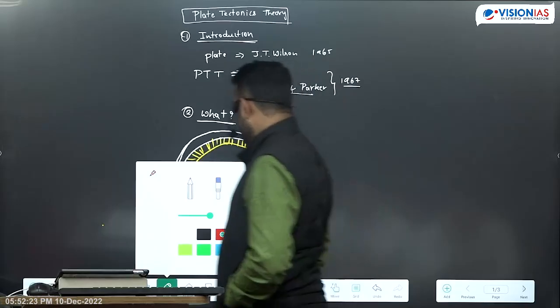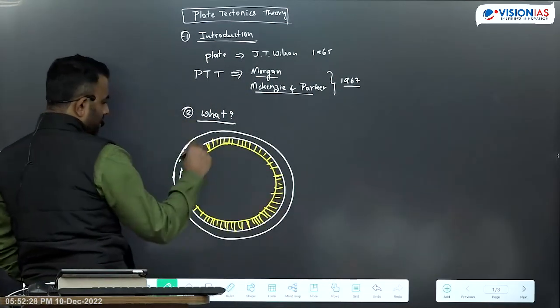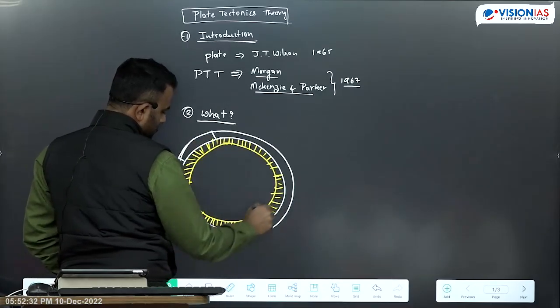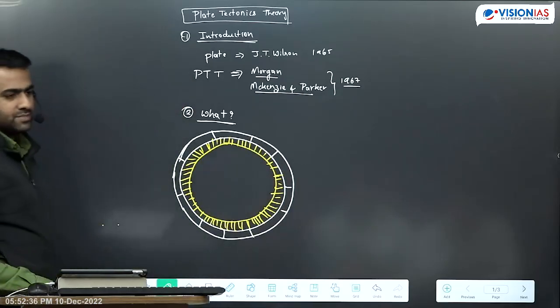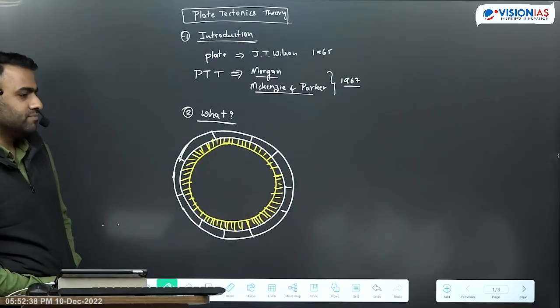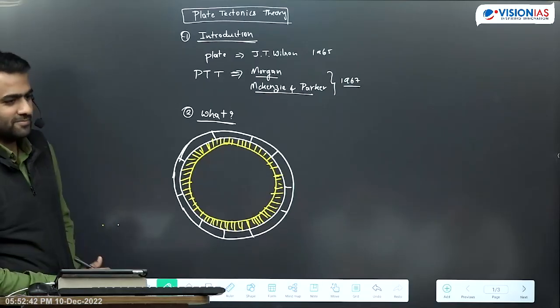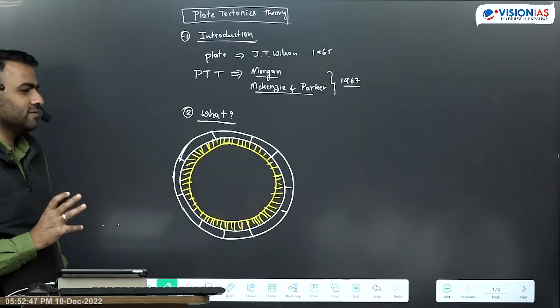However, this lithosphere is not a single outer layer. It is broken into multiple different parts. Imagine an egg, a boiled egg, with the outer shell which is cracked.